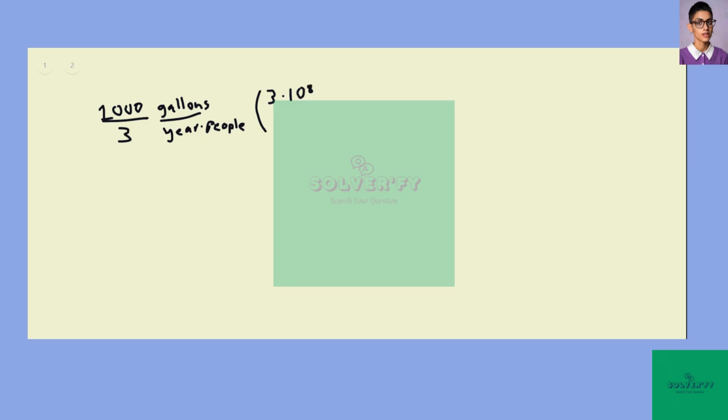We said that there's about 300 million people in the United States. We can see that this 3 will cancel out with this 3, and we're adding 3 zeros onto here, so we're left with 1 times 10 to the 11.